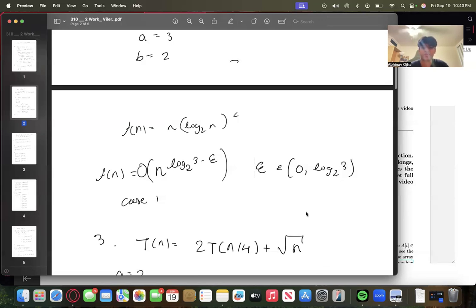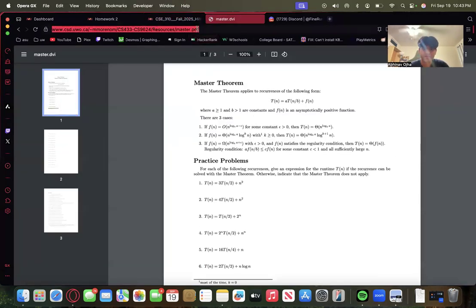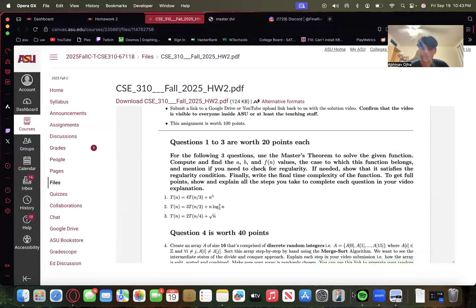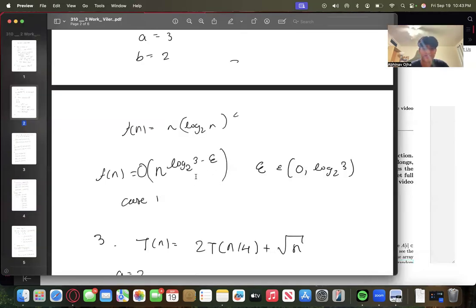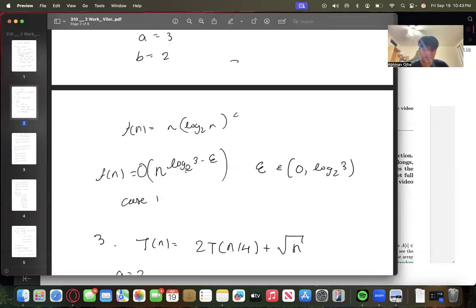As this is a bit more than 1, e is like 1.2 something. So the time complexity for this one is just theta of n to the power of log base 2 of 3.